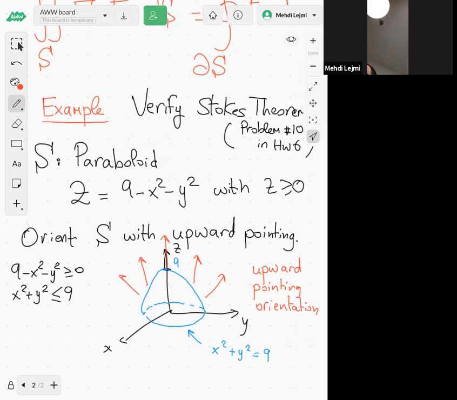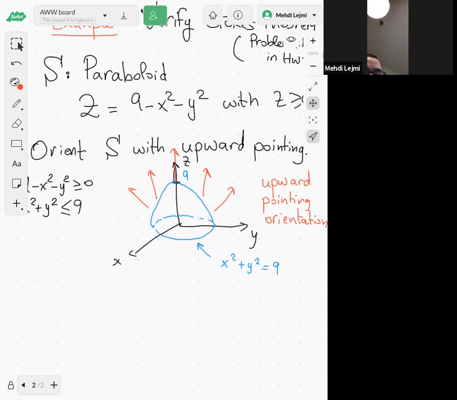Okay. Now, what will be the boundary of this paraboloid? Well, first, let me just give you the vector field. What's the boundary of this paraboloid? Well, here's my surface S, and the boundary would be just this circle. So here's my boundary.